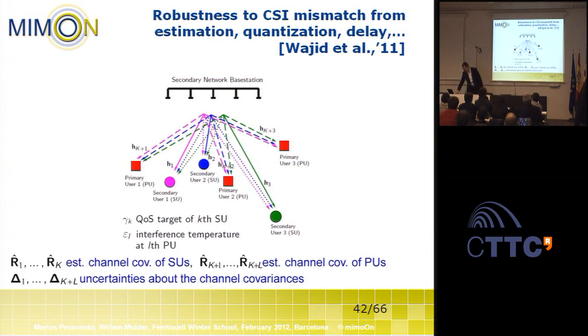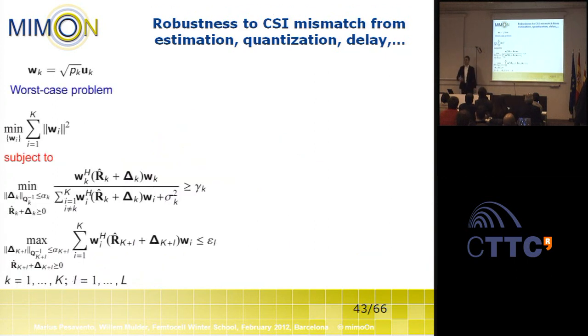And this mismatch is modeled by these matrices delta 1 to delta K plus L. So the beamforming problem that we consider now is a robust beamforming approach where we consider the worst case beamformer design, in the sense that we still want to minimize the total transmitted power, but instead of having the exact channel covariance matrix, we have the estimated covariance matrices plus some mismatch matrices.